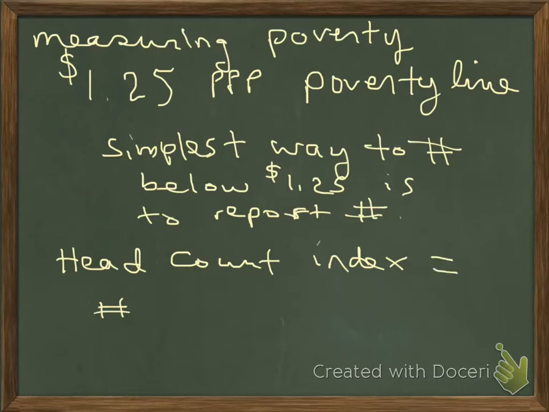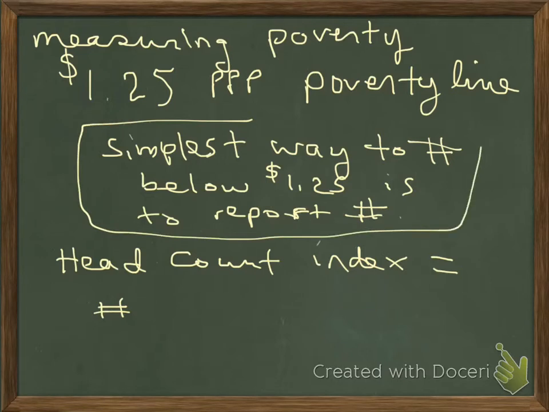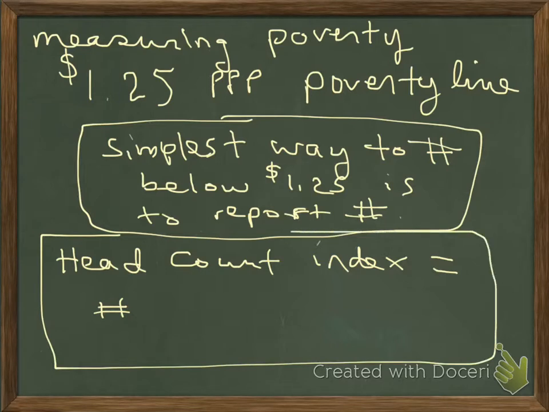The simplest way, I'm going to put a box around one of them, and this other one is another way. It's not as simple, but it's accepted as an official statistic. And often when we look up countries in poverty, we'll find the head count index. So this is an important thing to know.